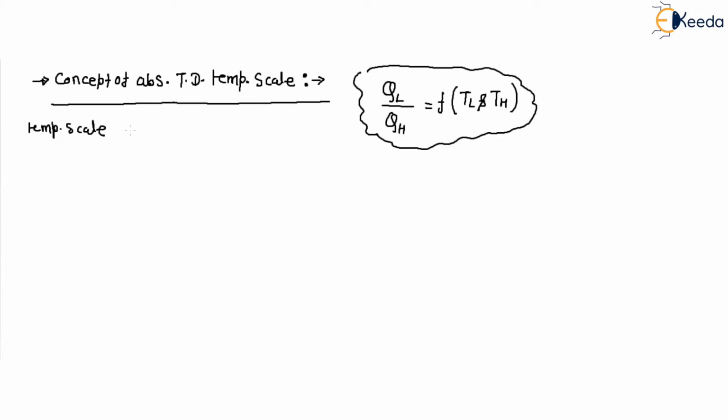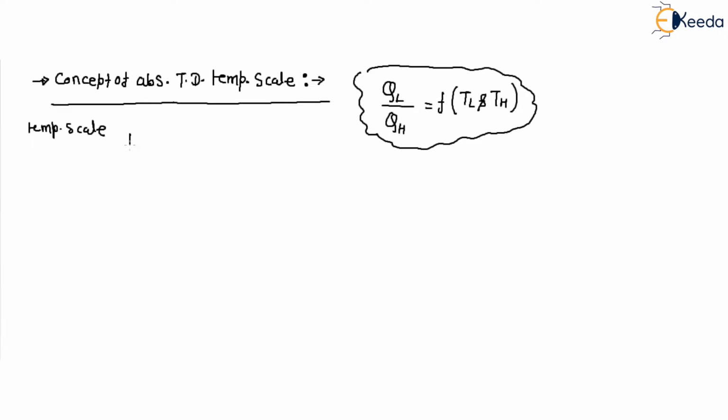The second Carnot principle, discussed in the previous video, says that all reversible heat engines have the same thermal efficiency when operating between two temperature limits. That is, the efficiency of a reversible engine is independent of the working fluid employed and its properties.